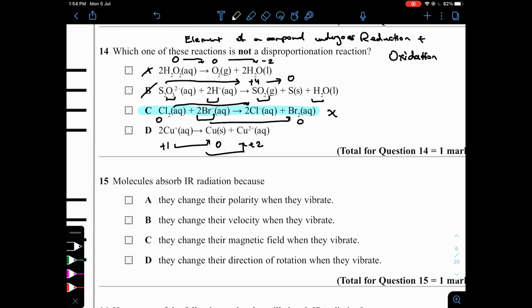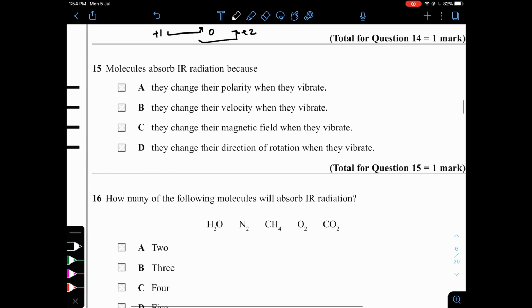Question 15. Molecules absorb IR radiation because of what? We know that for a bond to absorb IR radiation, there must be a change in the dipole moment during the vibration. Polar molecules have dipole moments, right? In normal conditions, everything vibrates, with continuous vibrations like stretching and bending.